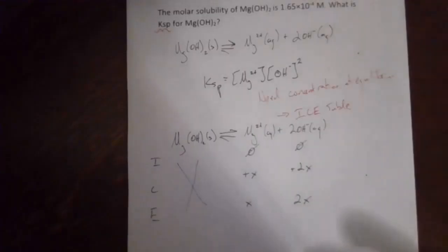And so we can plug those expressions in for KSP. Because this tells us that the concentration of magnesium is x and the concentration of hydroxide is 2x, we would get that KSP is equal to x times 2x squared.